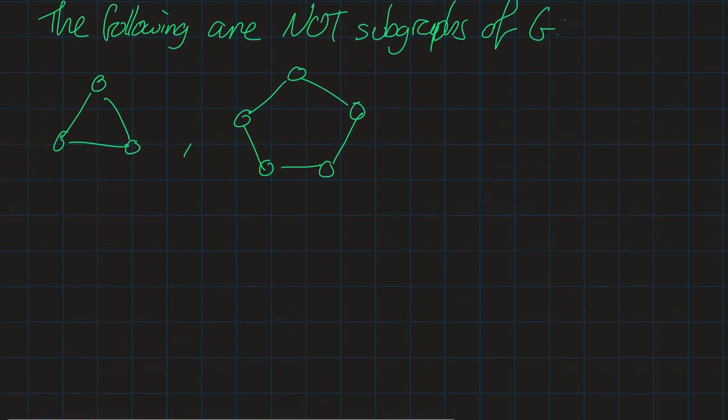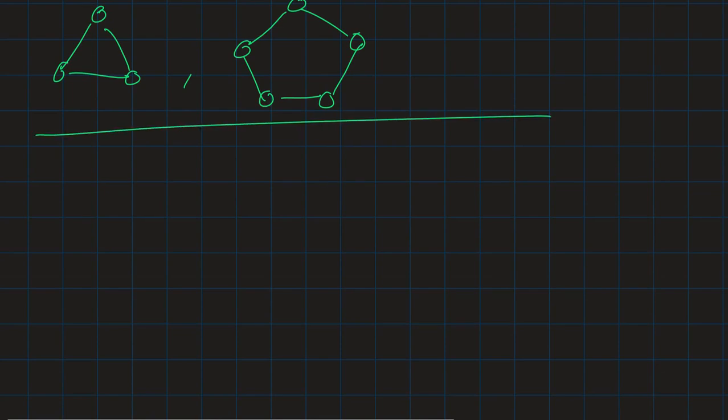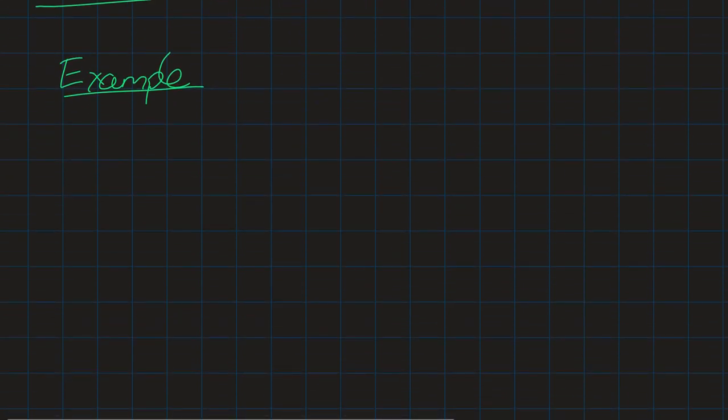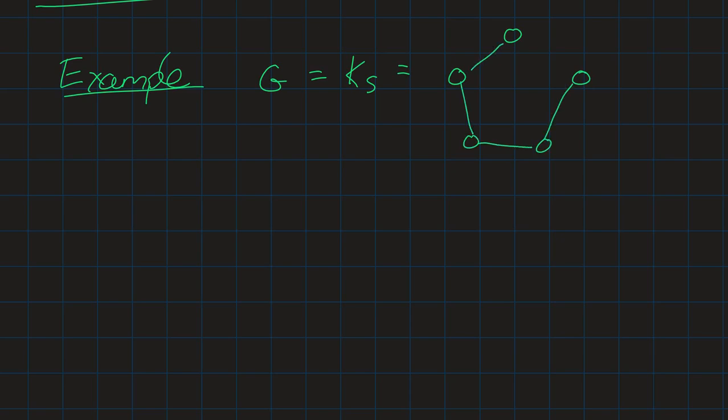Let's do one more quick example. So this time I'm going to let G equal K5. And if you remember, K5 is the complete graph on 5 vertices. So I draw 5 vertices and then I draw all the edges possible like this. This is what K5 looks like.